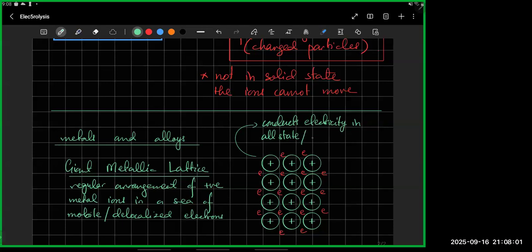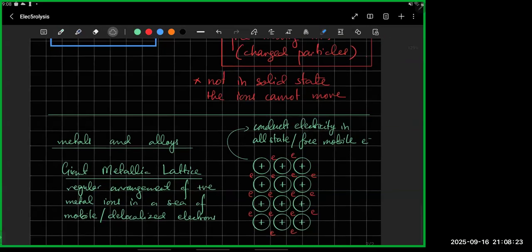Because it has free-moving, mobile, delocalized electrons. It's got a lot of electrons that are freely moving around that can carry charge. So if a negative electron jumps from this point to the other point, a negative charge is transported. So metals always conduct electricity.